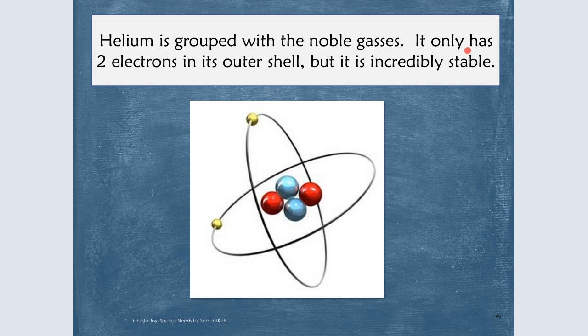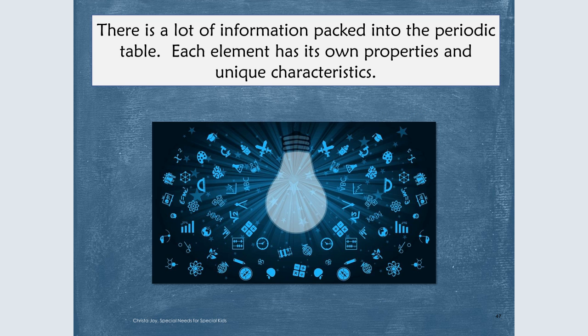It only has 2 electrons in the outer shell, but is incredibly stable. Most of the noble gases after helium have 8. So they want to get to 8. There is a lot of information packed in the periodic table. Each element has its own properties and unique characteristics. So we're going to stop there.